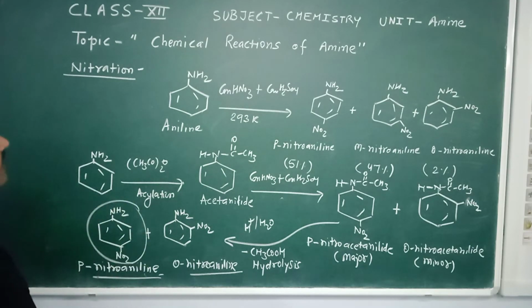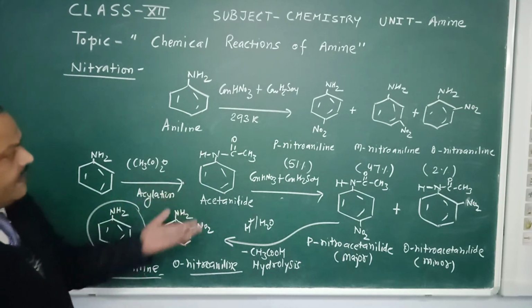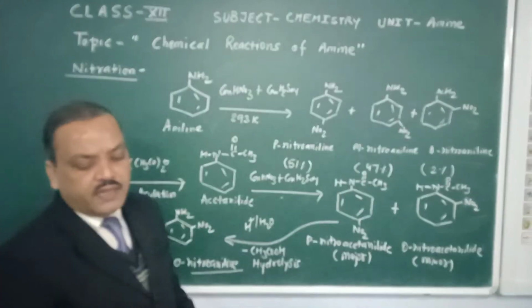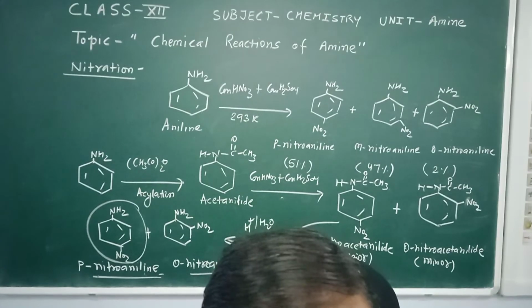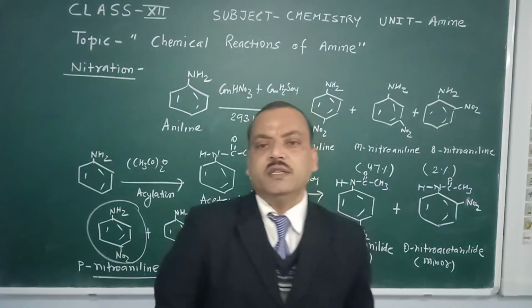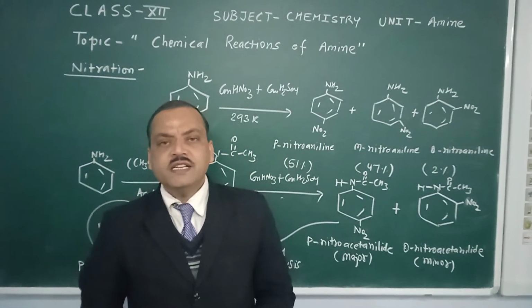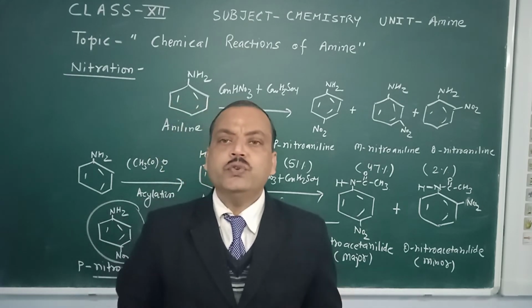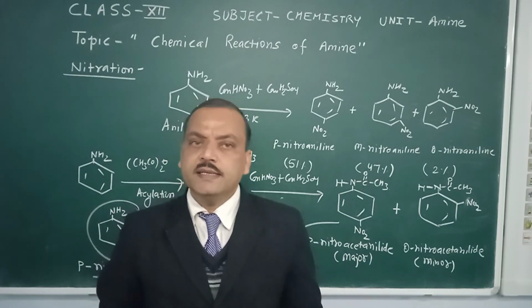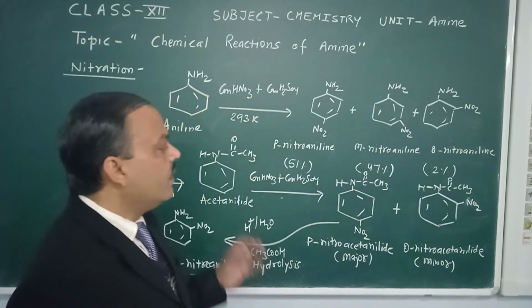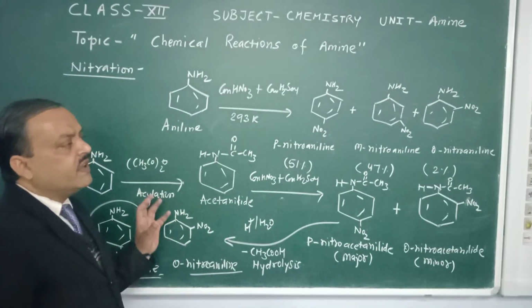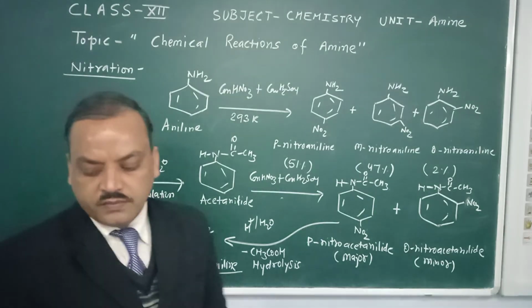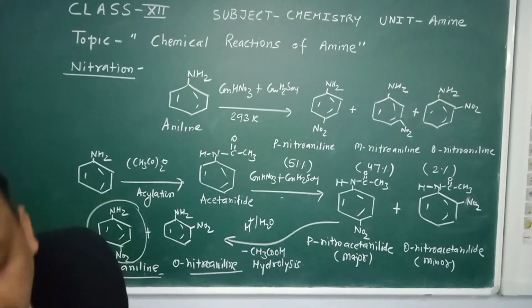By the acylation we are controlling the reactivity of the group present on the benzene ring. It means we control the reactivity of the NH2 group by acylation, and one product we get in major quantity. So both these reactions we have discussed.